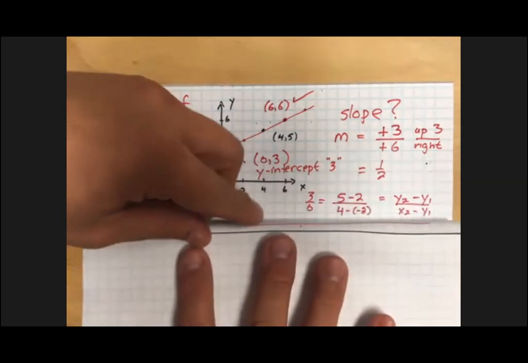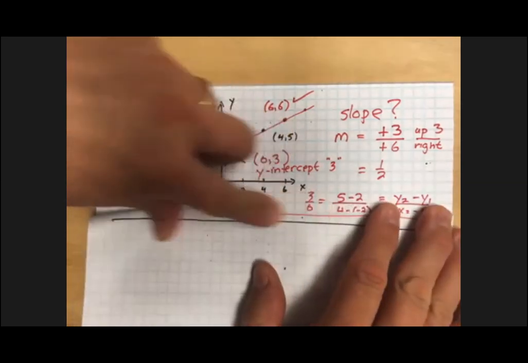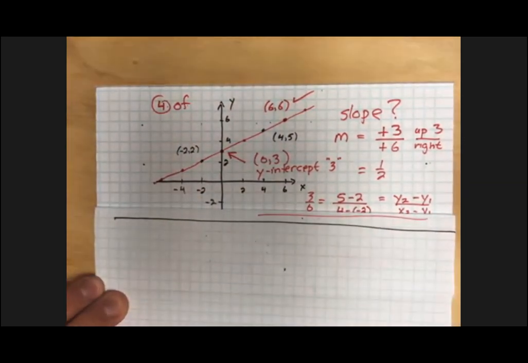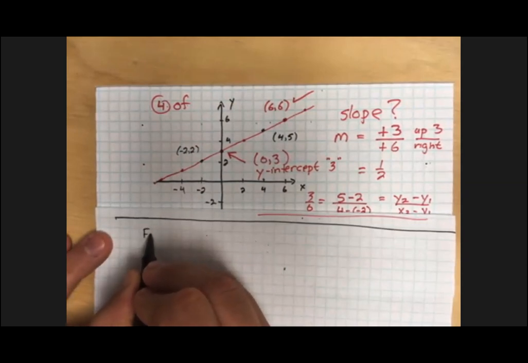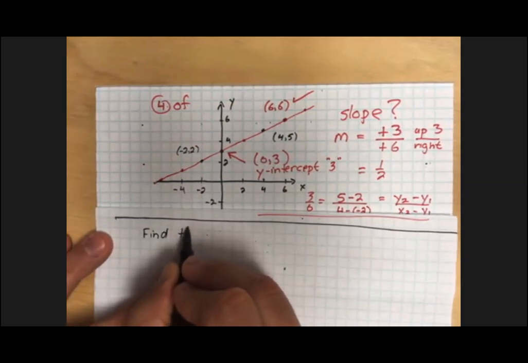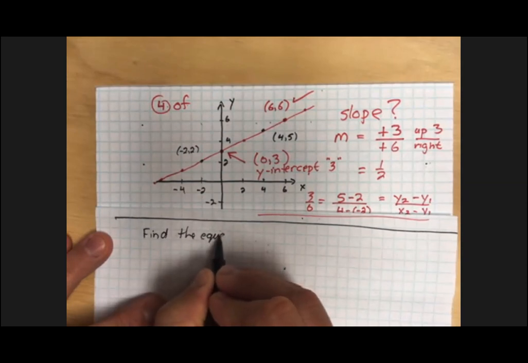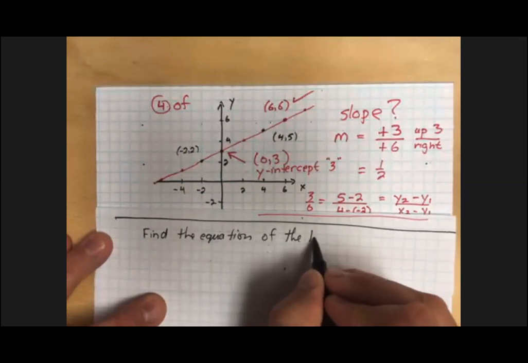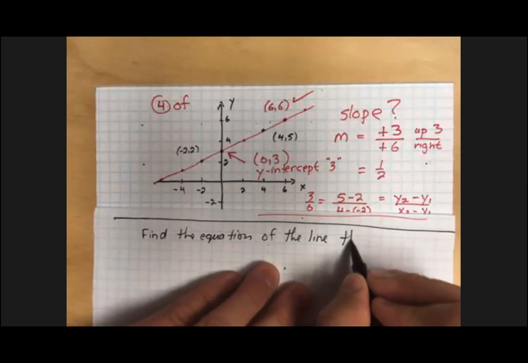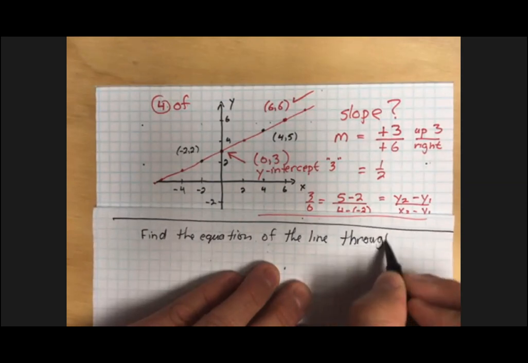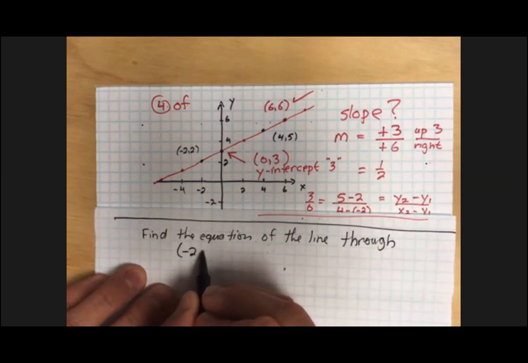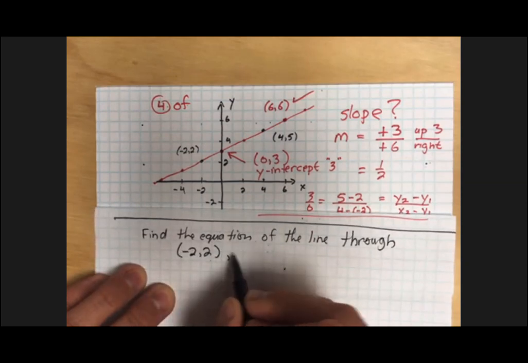Let me fold the paper here so I can keep this picture in front of your mind. What if someone just said, find the equation of the line through minus 2, 2 and 4, 5.